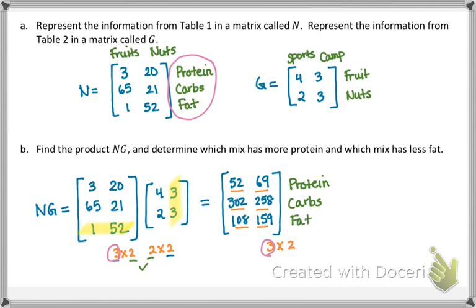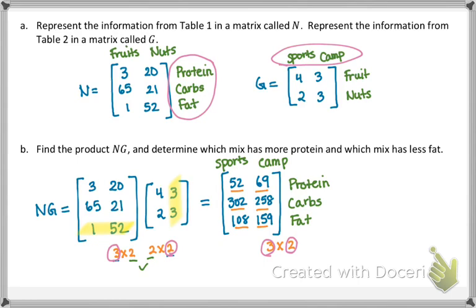And then the 2 columns in our new matrix came from the 2 columns of matrix G. And so we took the columns of matrix G, and our new columns represent the sports mix and the camp mix. And by multiplying N and G, I came up with a new set of data.